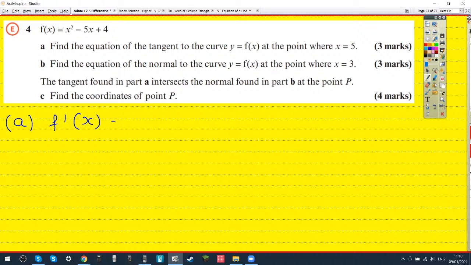Mm-hmm. Okay. Then do we substitute 5 into the equation? Yeah. So it'd be 10 minus 5, which is 5. Yeah.